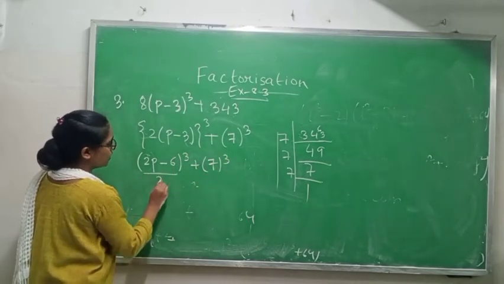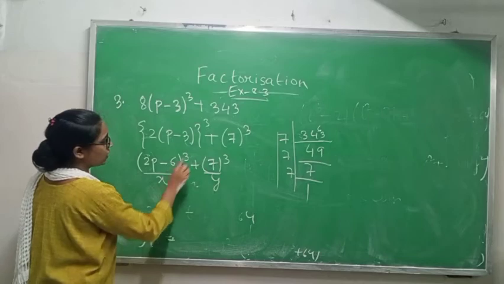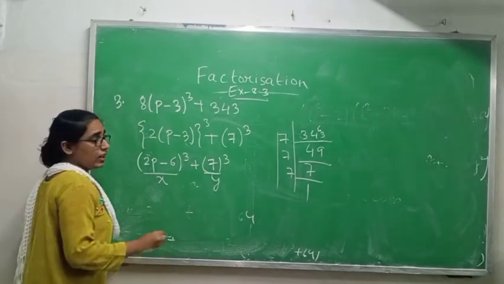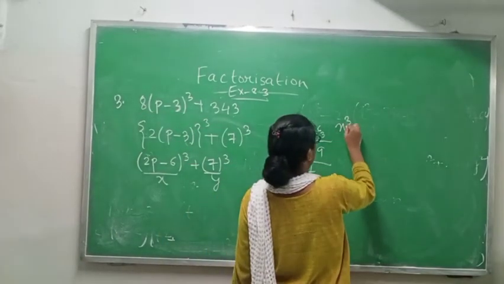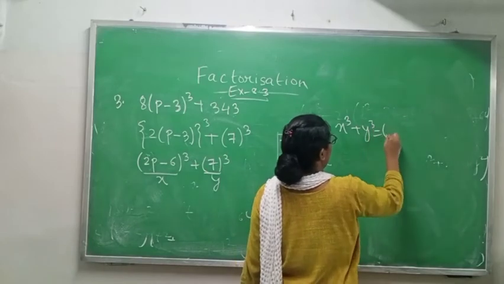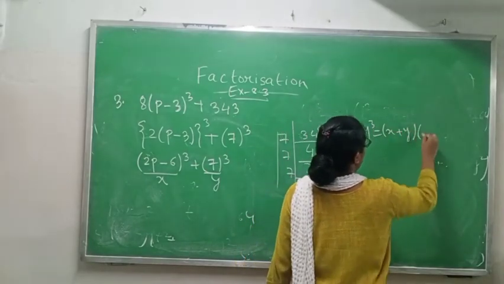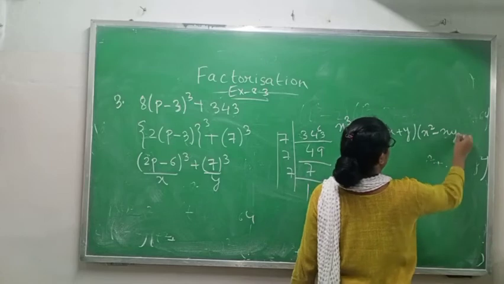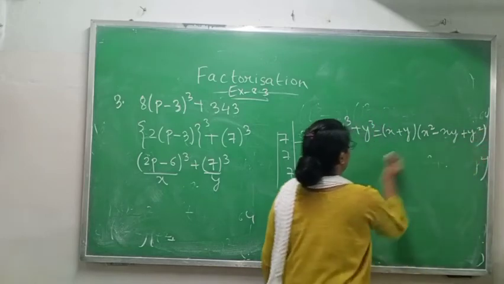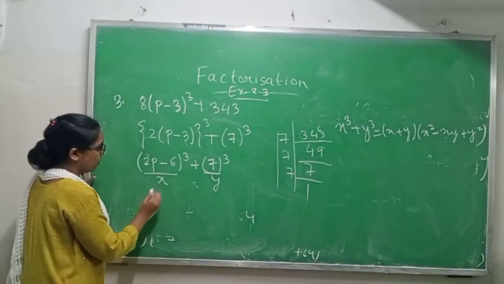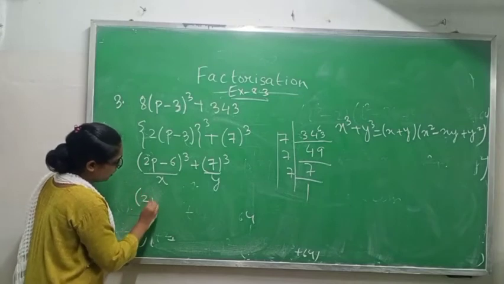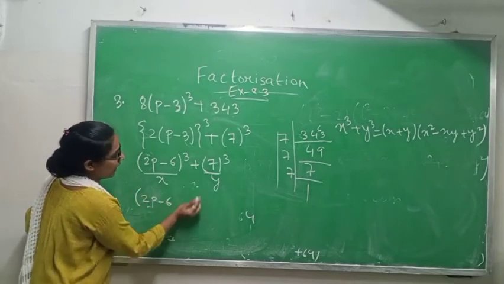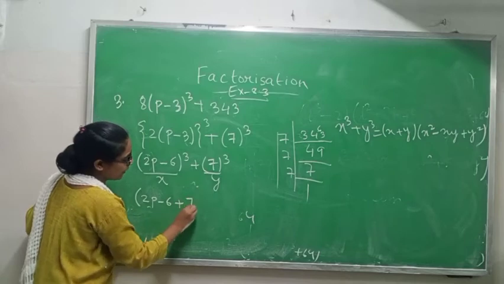Now you can see this one is x and this one is y. x cube plus y cube. Formula is x cube plus y cube formula. x cube plus y cube formula is x plus y, x square minus xy plus y square. So x plus y, it means x is 2p minus 6 plus y, plus sign, and y is 7.